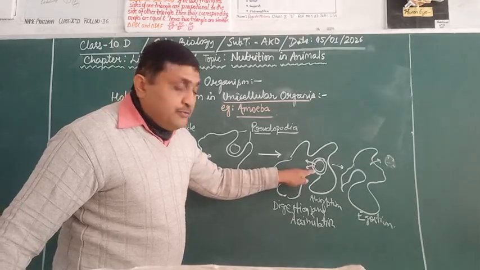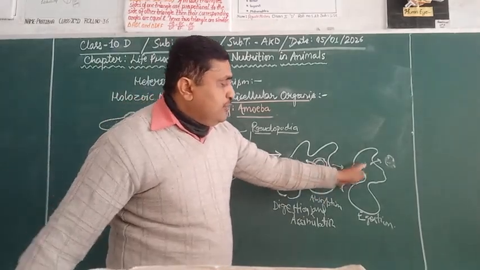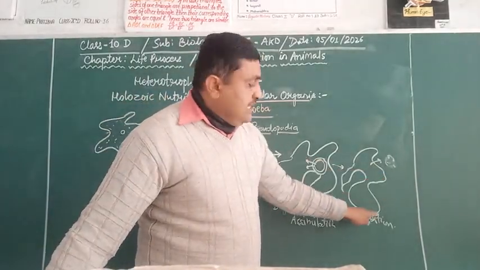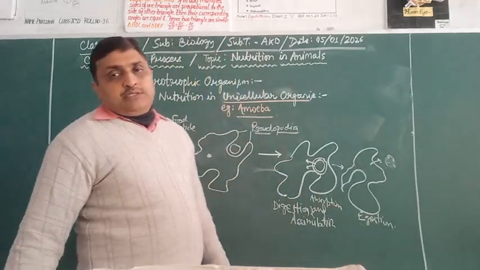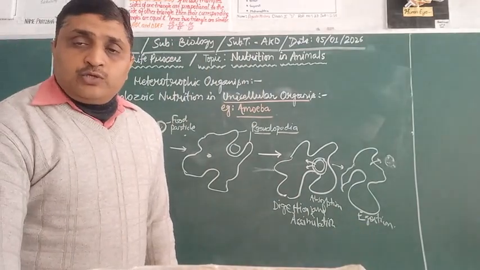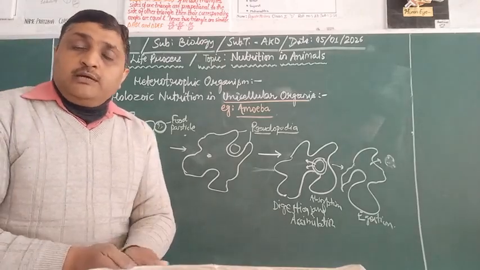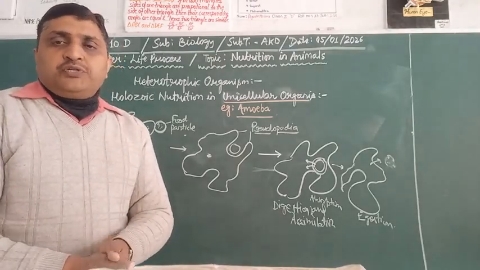But some of the food material remains undigested, and it is removed from the body. So these are the steps involved in holozoic nutrition, and I have discussed with you holozoic nutrition in the amoeba.